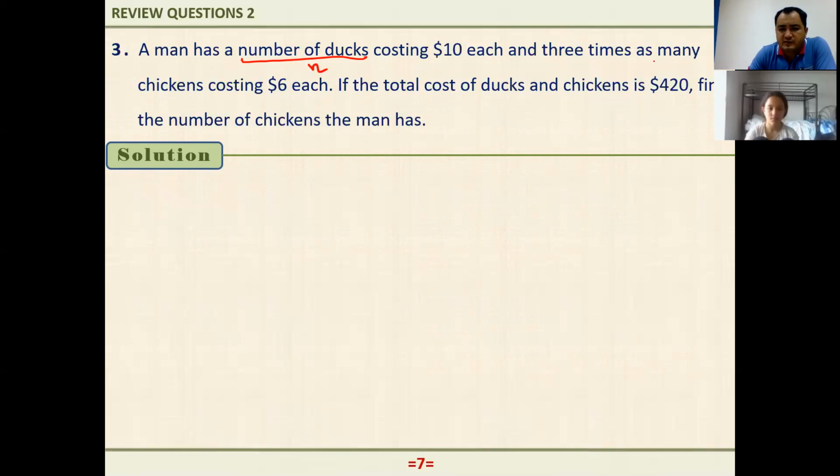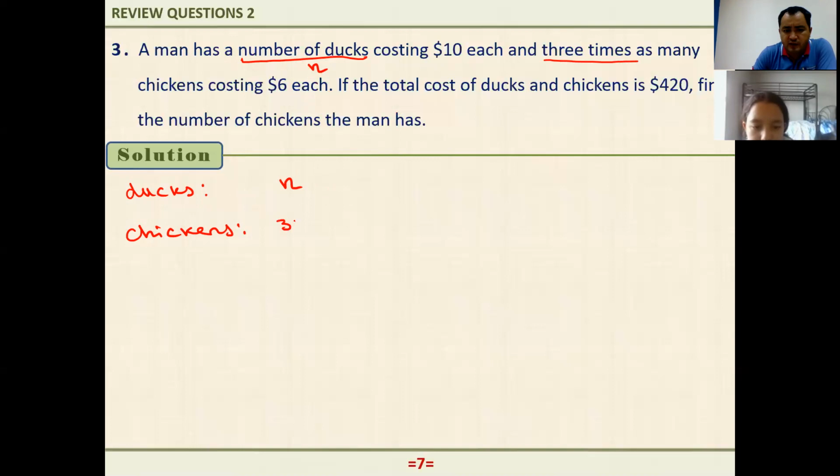And 3 times as many chickens costing $6 each. So let me just write here, we have ducks, and here we have chickens. How many ducks does he have? N. Okay. Now, how many chickens does he have? N times 3, 3 times as many, right?